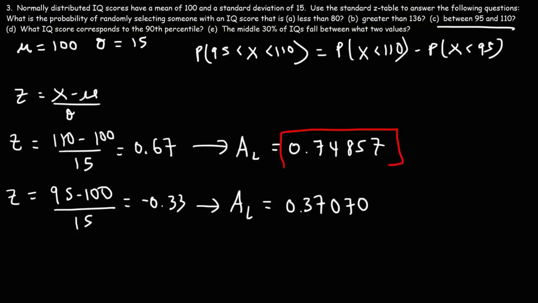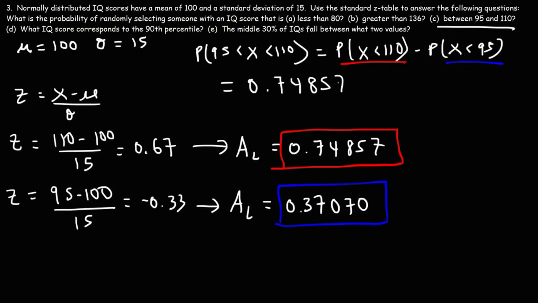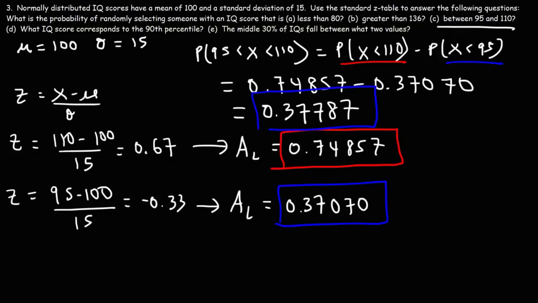So this value corresponds to the probability that x is less than 110, and this value corresponds to the probability that x is less than 95. So let's go ahead and subtract these two values. 0.74857 minus 0.3707, that's going to be 0.37787. So that is the area under the curve between the x values 95 and 110.